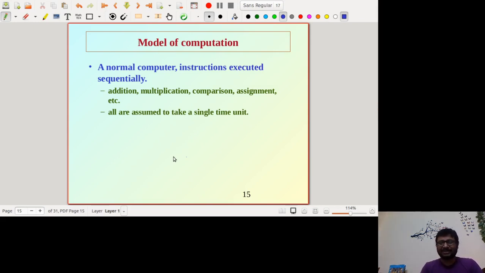But for simplicity, we assume that they all take unit time. And so far as the order notation that we introduced a few slides back is concerned, this assumption does not make a difference. So you can safely assume that all instructions take a single time unit.